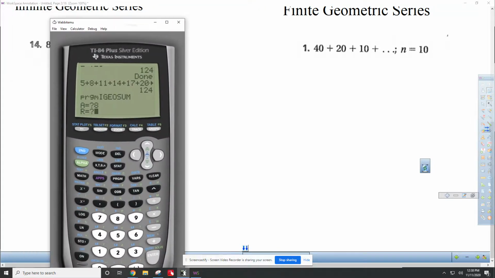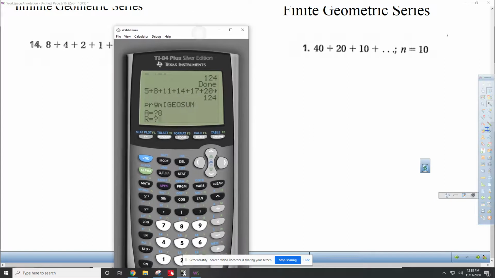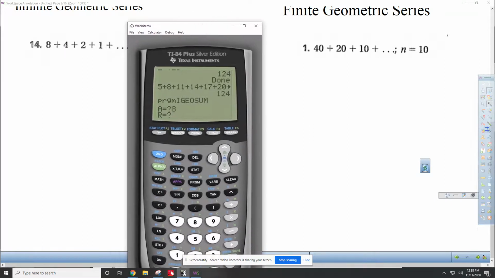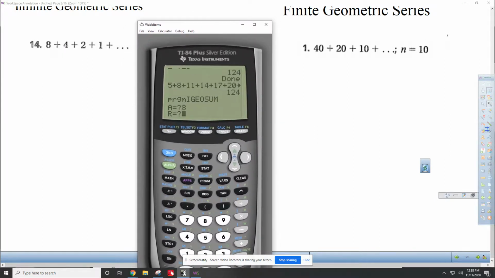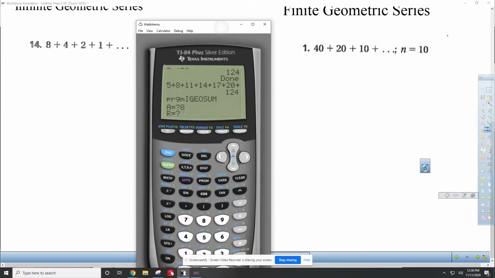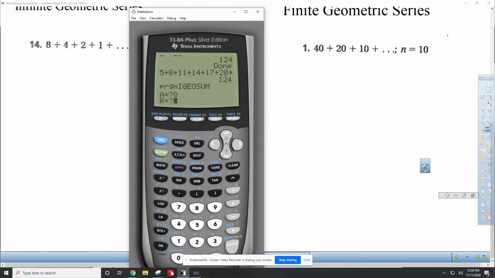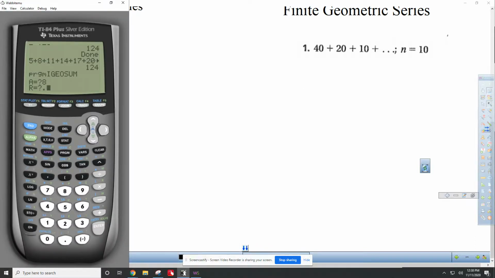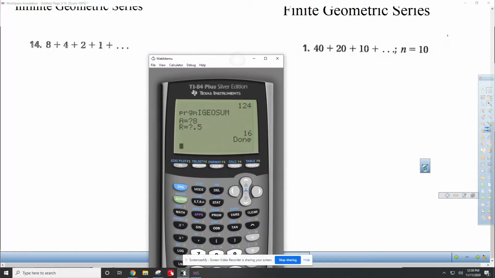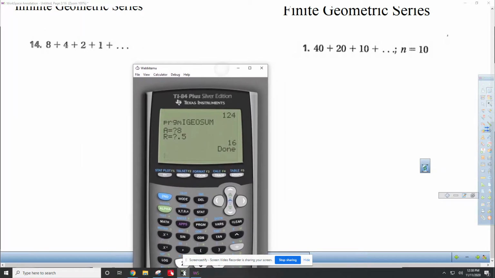And then our R, which is our rate of change, is 0.5 because we're getting smaller. And there we go. We got 16. So the sum of this infinite geometric series is 16.